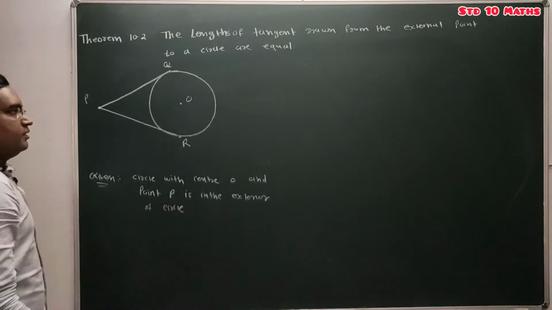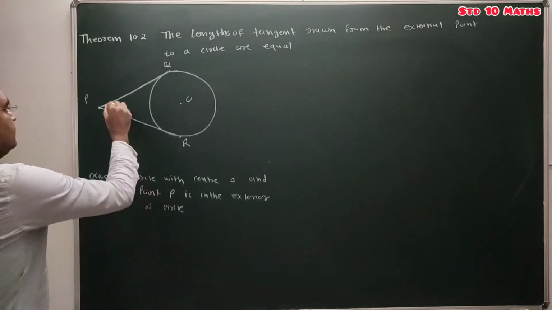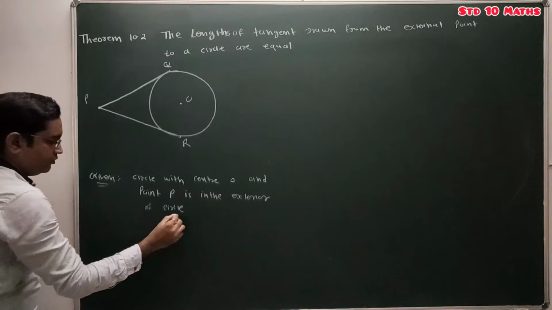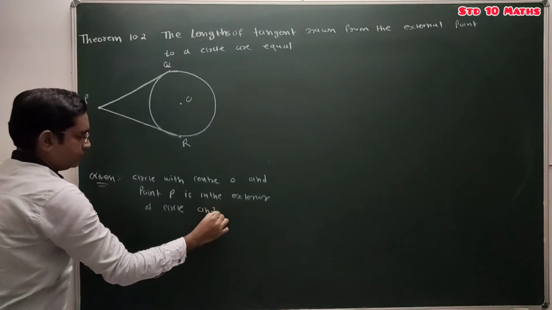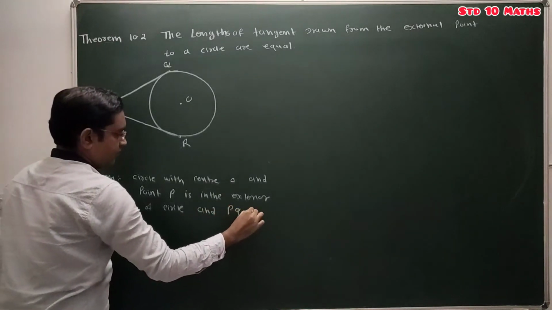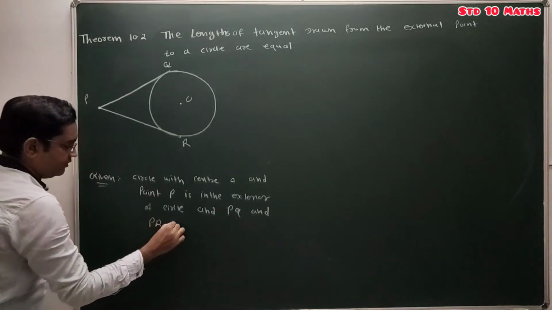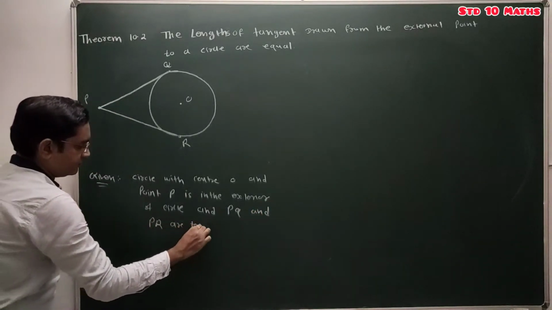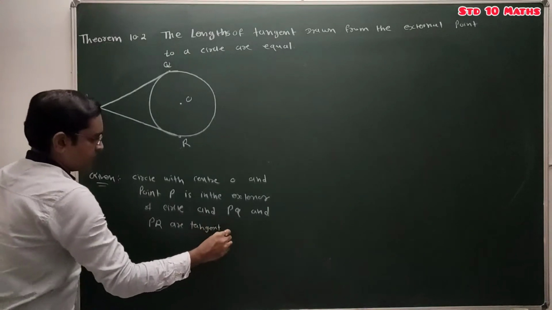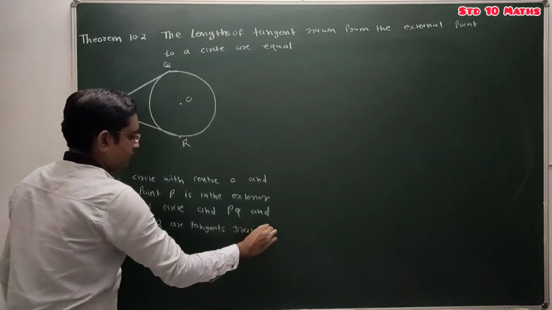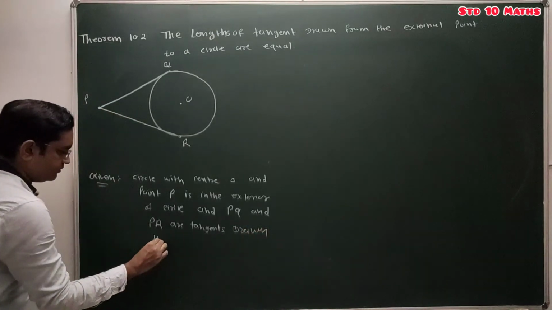This is given, and PQ and PR are the tangents drawn through it.